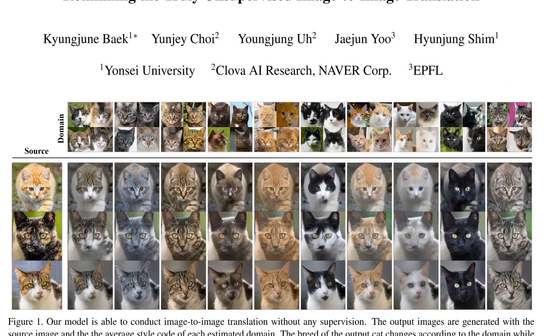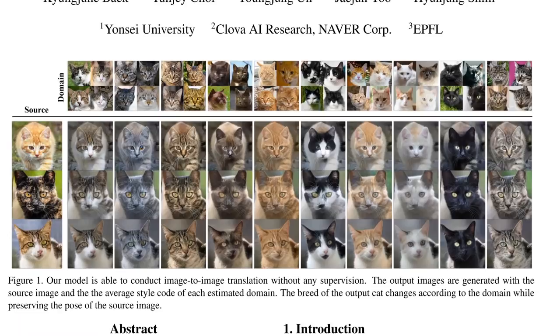On a high level, they replace the need for domain or really single image label annotations in image-to-image translation by training a guiding network that is able to sort of do a self-clustering of the image domain. And therefore, that guides the image-to-image translation instead of the previously needed labels.